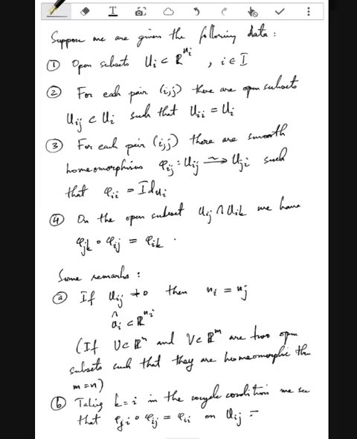So in particular, this implies that the map phi_ij, which was only assumed to be a smooth homeomorphism, is actually a diffeomorphism. That is, its inverse is also smooth.